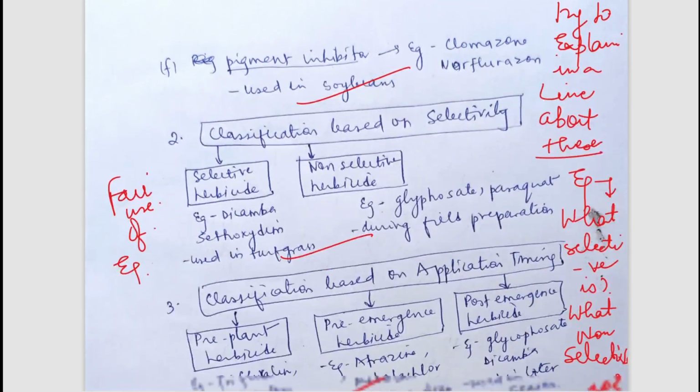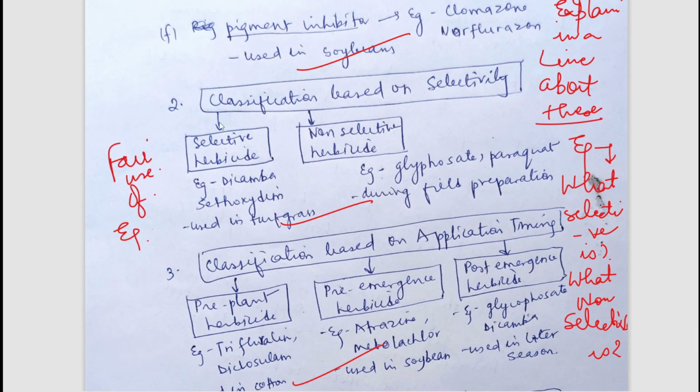Secondly, the student has classified on the basis of selectivity, such as selective herbicides and non-selective herbicides. What the student could write here is define selective herbicides in a single line, which I have mentioned also here, because it enhances your answer whenever you are giving a broader classification.